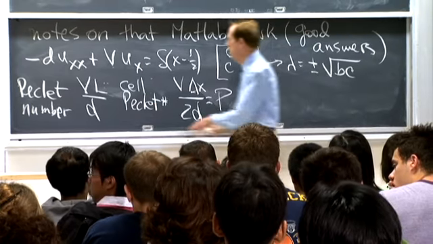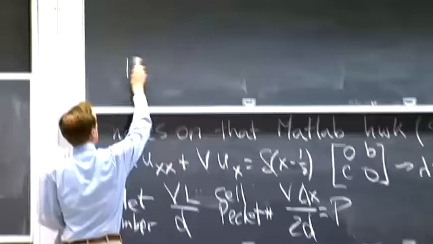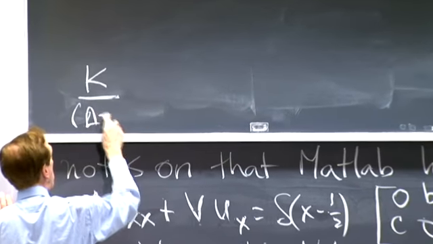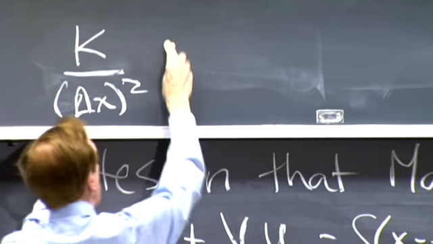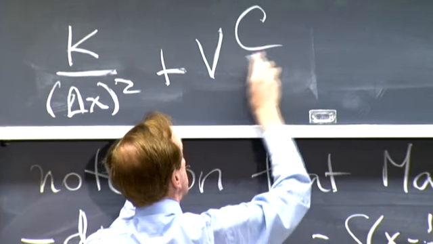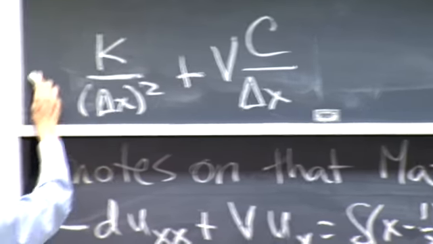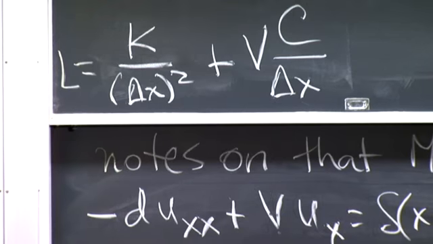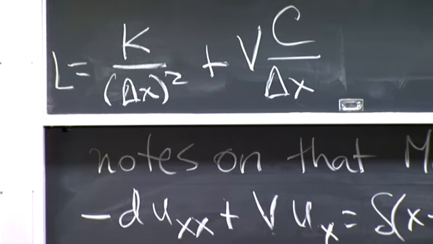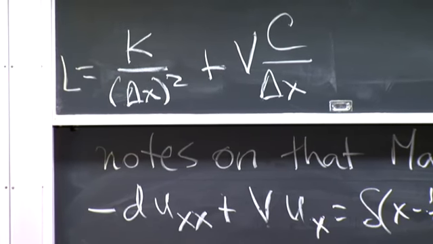Because you set up a matrix K over delta x squared, and V times the center difference over delta x. I call that whole combination L, and asked you about the eigenvalues of L. And you printed them out correctly.